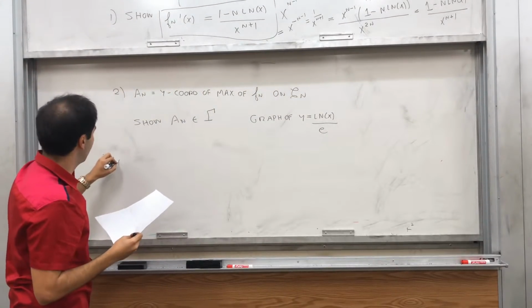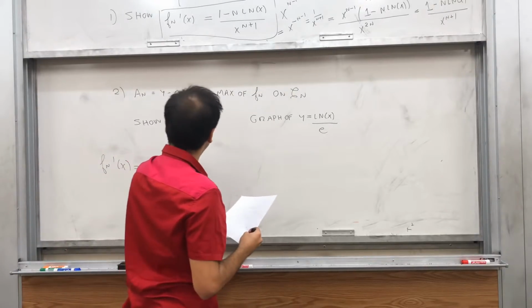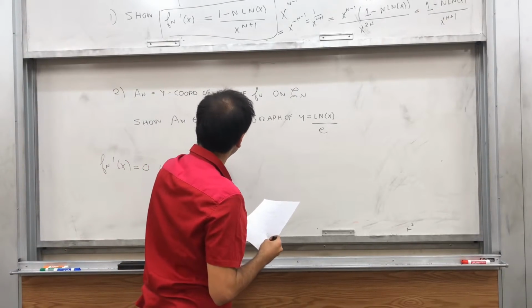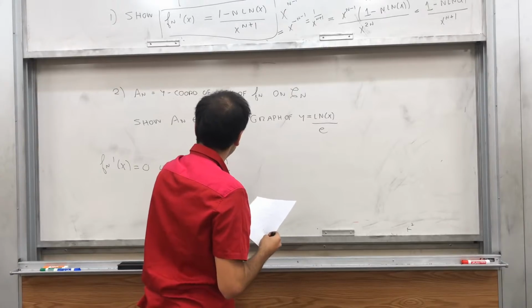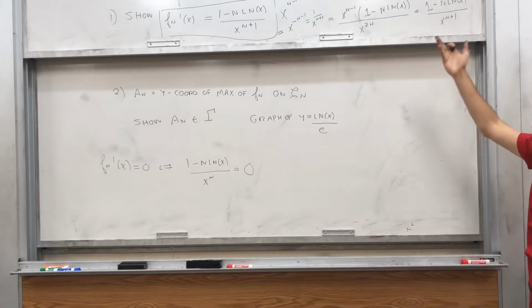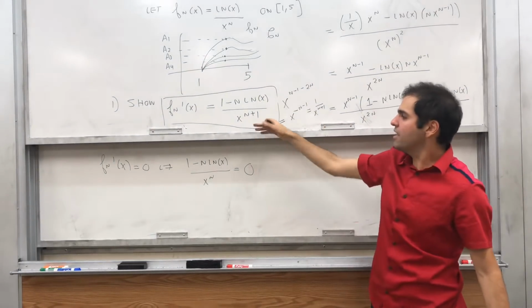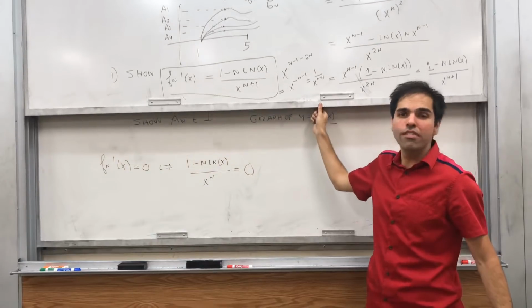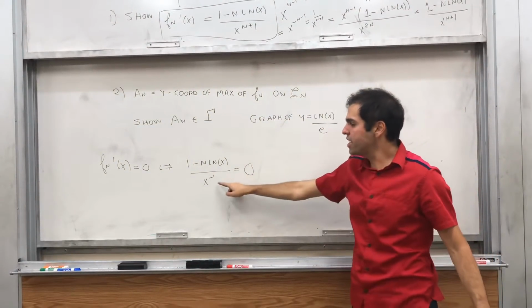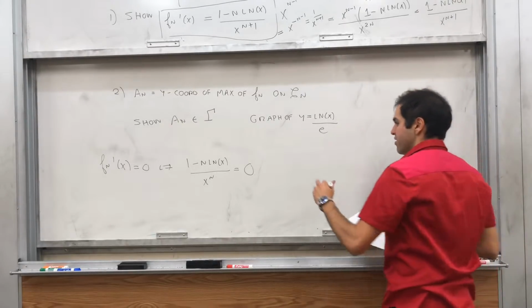So fn prime of x equals 0 if and only if 1 minus n ln of x over x to the n plus 1 equals 0. And by the way, it's important that we're on the interval 1 comma 5, because technically you have to find the points where the derivative doesn't exist. But here on 1 comma 5, we're not dividing by 0.